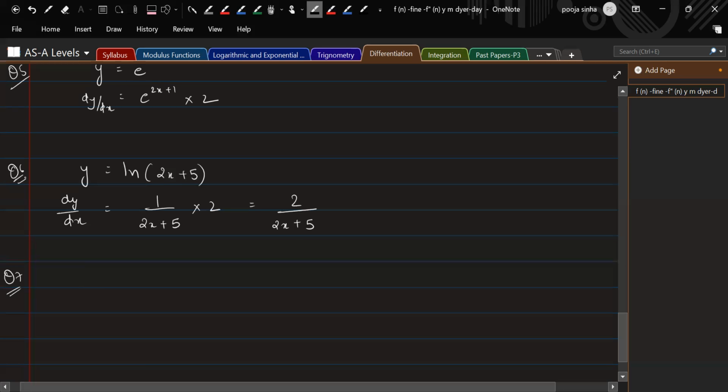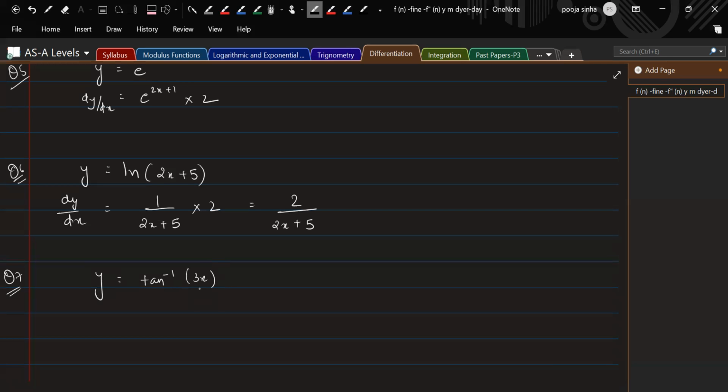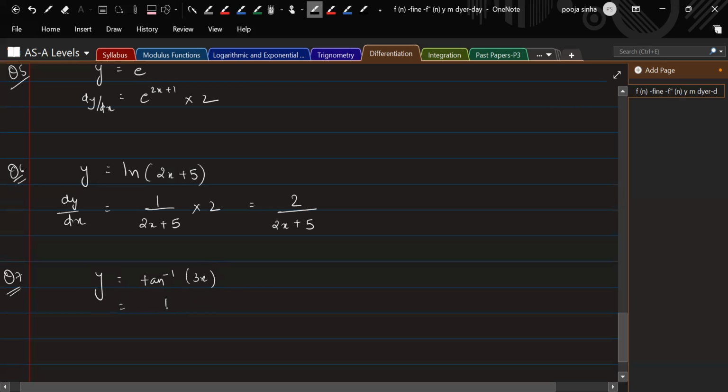Next, 7th: tan inverse of 3x. It is 1 upon 1 plus (3x) whole square, into 3. So the final answer would be 3 upon 1 plus 9x square.